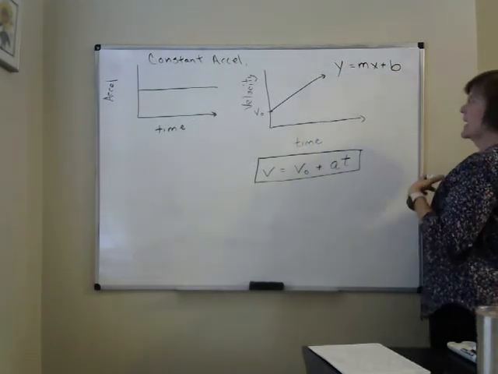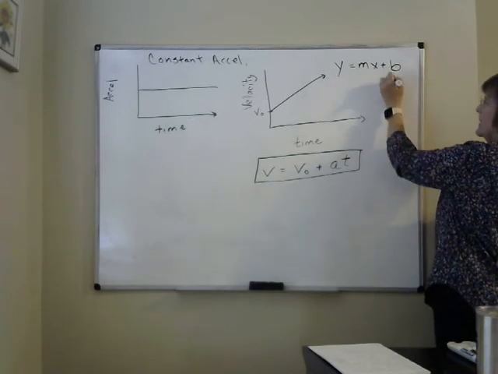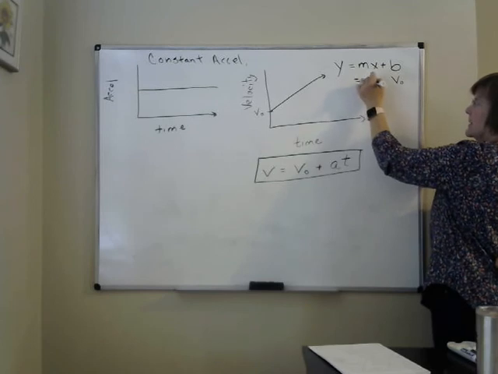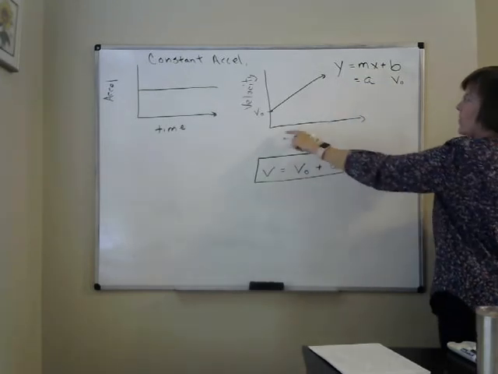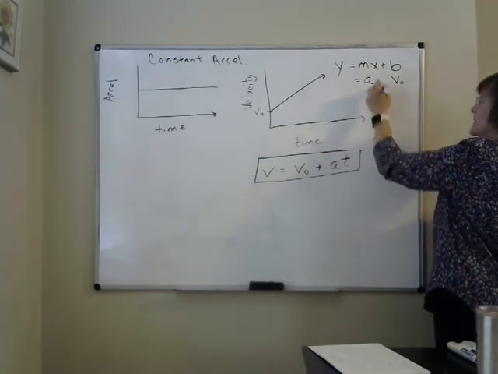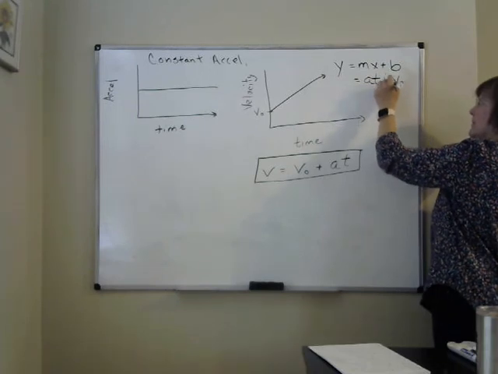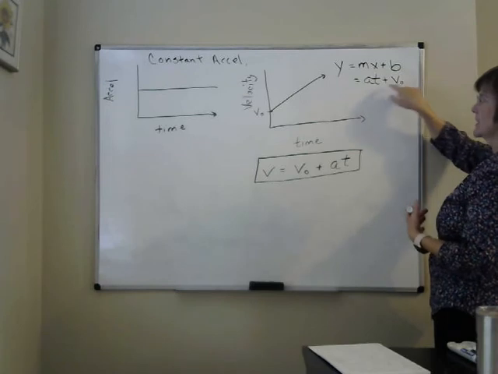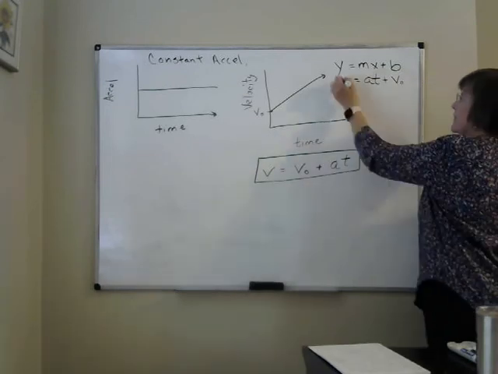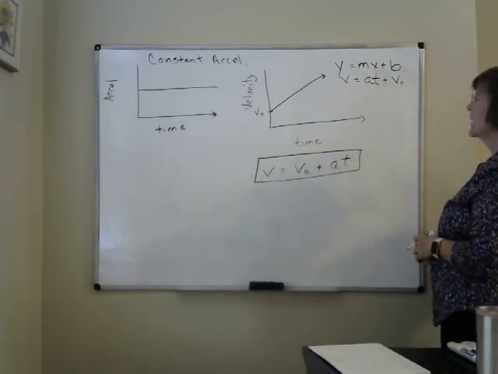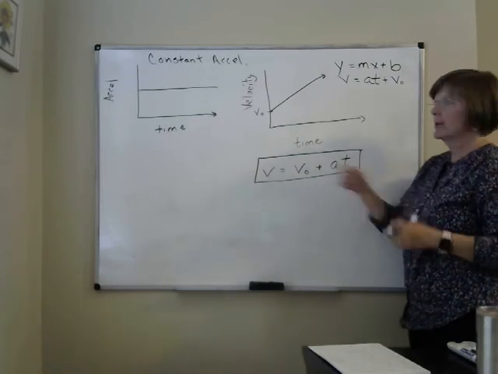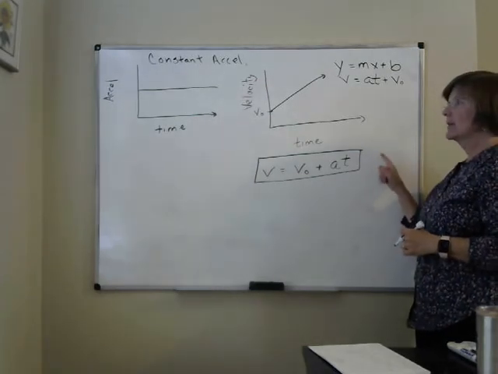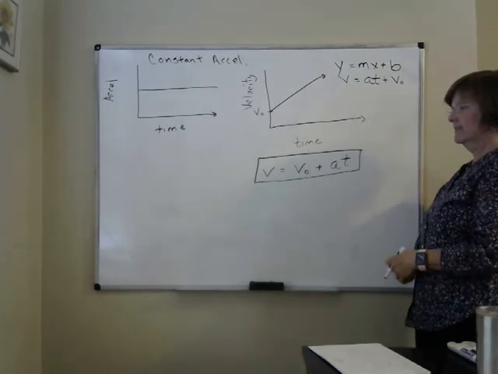But in this case, the y-intercept is v0, the slope is acceleration, and the horizontal axis isn't an x, it's time. Acceleration times time plus the initial velocity equals v. It's not y, it's v. This is just y equals mx plus b. That's one of our really, really important equations.